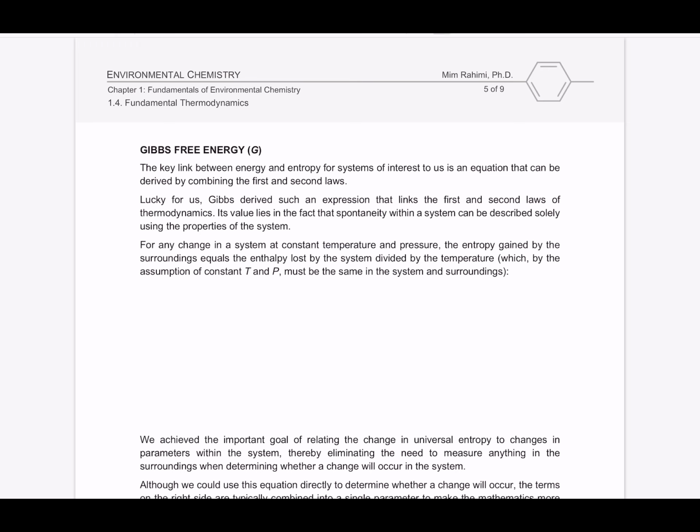So what we just mentioned is basically that delta S of the surrounding is the change in the enthalpy of the system divided by the temperature. So this is the key bridge between delta S of the surrounding and delta S of the system that we are looking for. And this is derived first from the definition of entropy, and second from the first law.